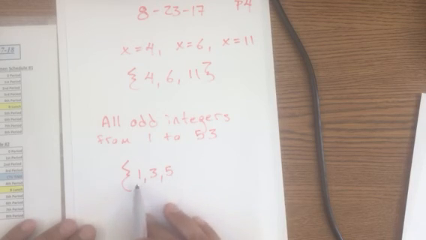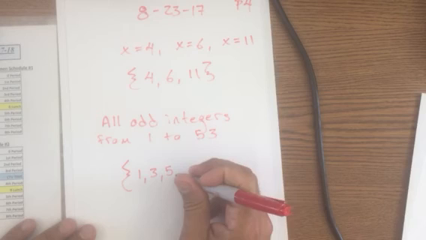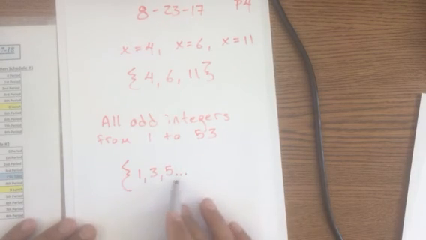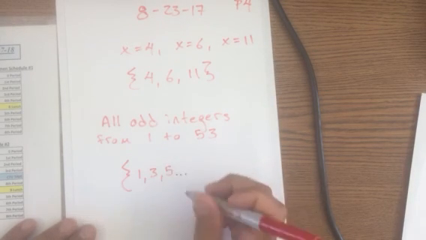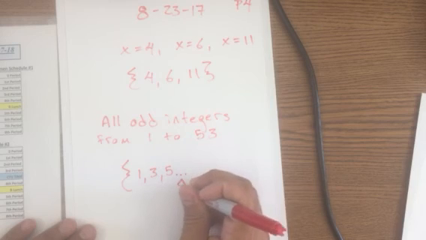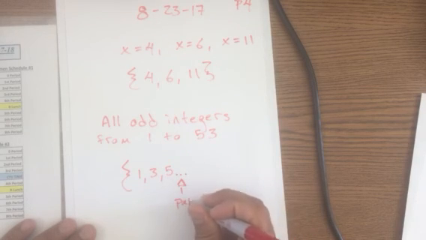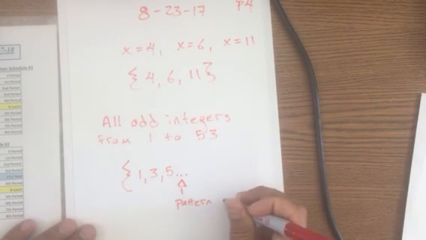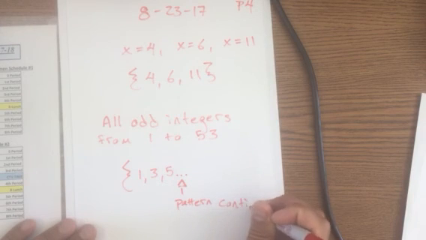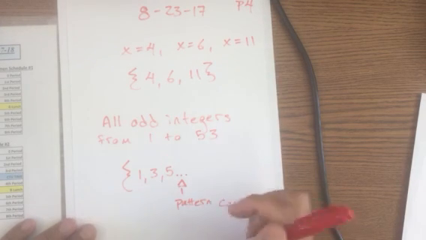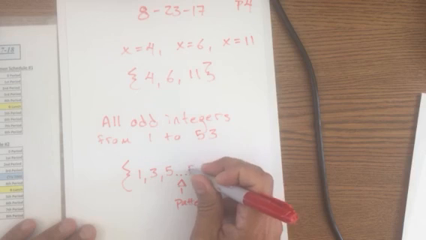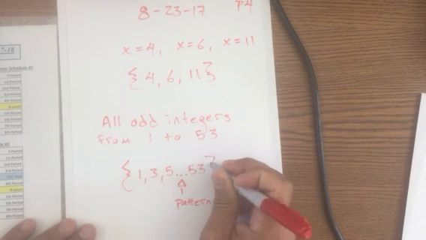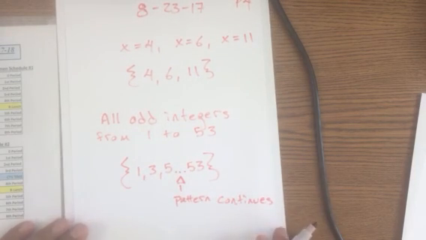This shows me that it's all the odd integers, okay? So now that I established a pattern, I can make an ellipses, which shows me that the pattern continues. And then I want to show where it ends, and it's going to end at 53, so I put 53 and close my set. And that's how we show a large roster of numbers, okay?